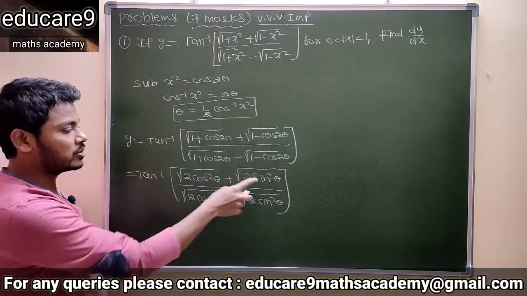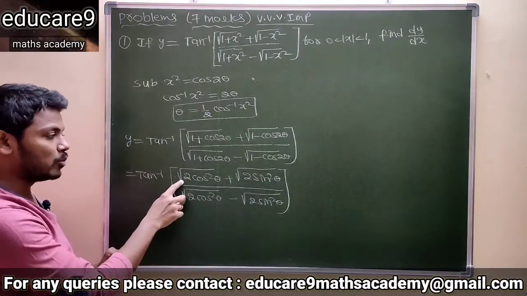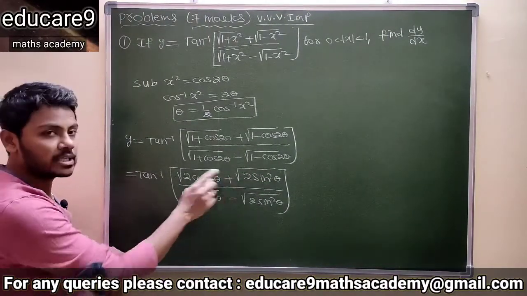Clearly the square roots get cancelled. In both numerator and denominator, root 2 is common.